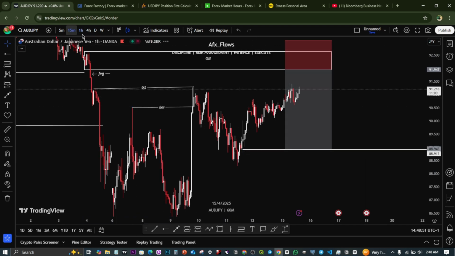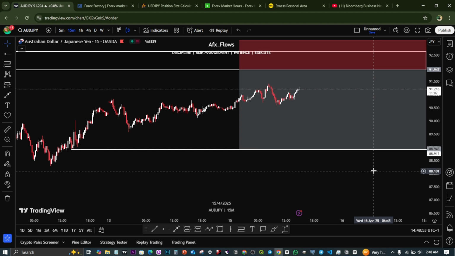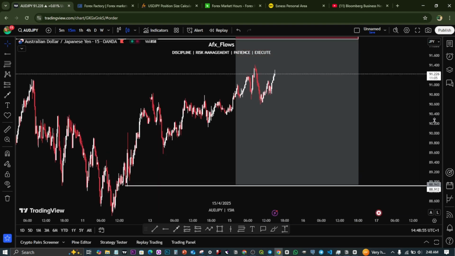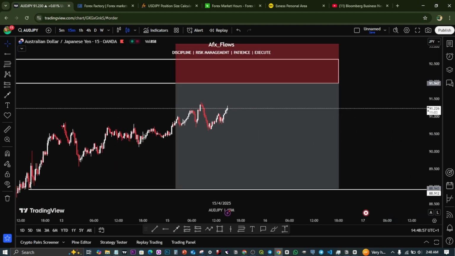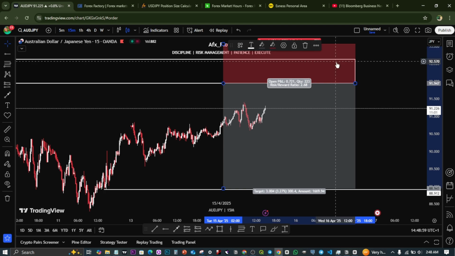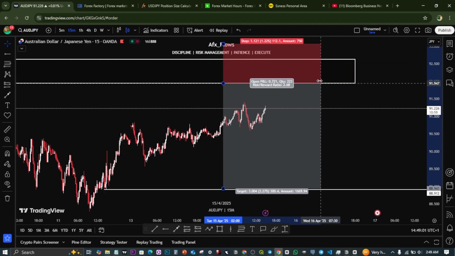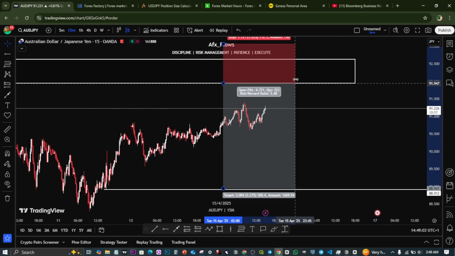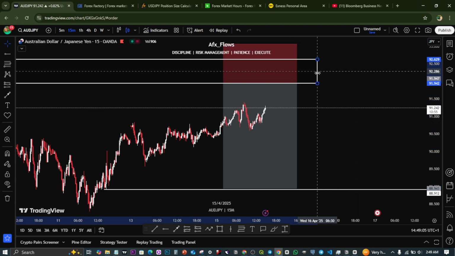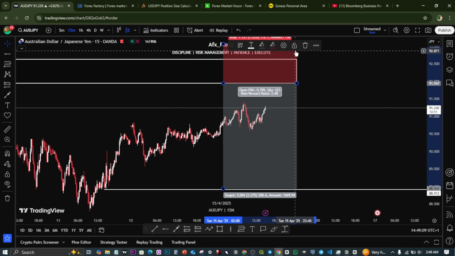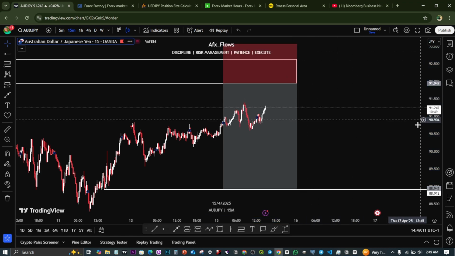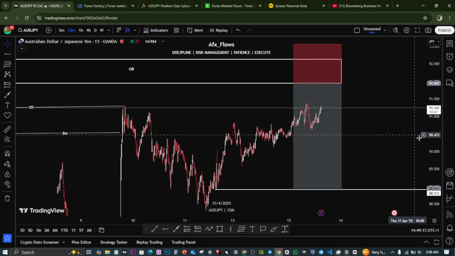So moving down to my 15 minutes, this is exactly everything. I will just shrink it a little bit, because I don't want it to be very big. Just pin it. So basically, this is everything.